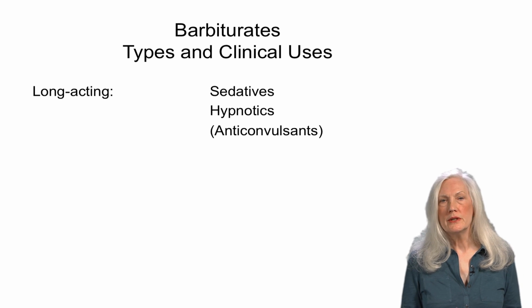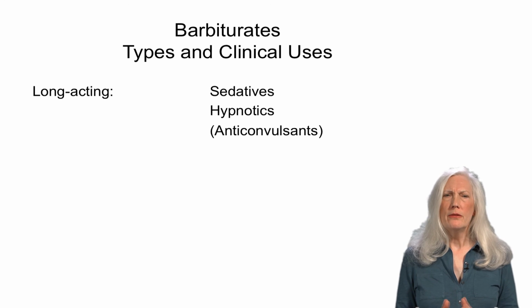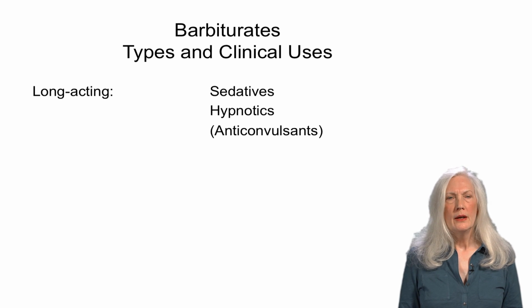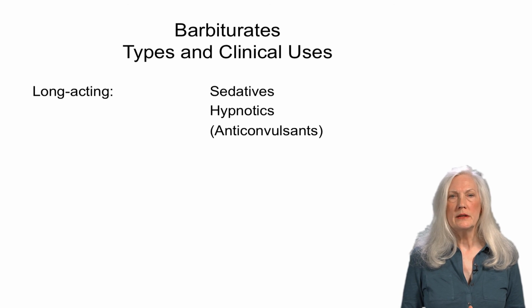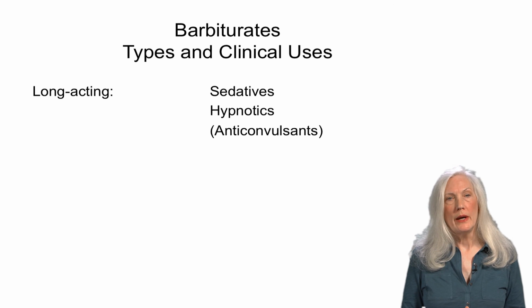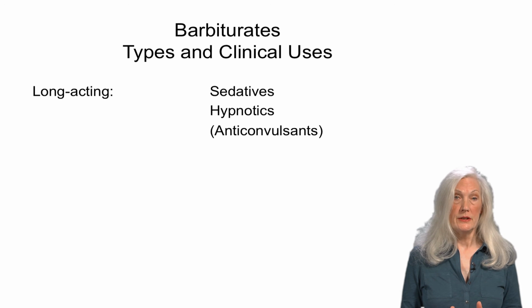In addition, the resulting anesthesia would last far too long to be useful. Depending on the substitutions on the barbituric acid structure, some, but not all, long-acting barbiturates are also anticonvulsant. Phenobarbital is the most widely used compound in this category.